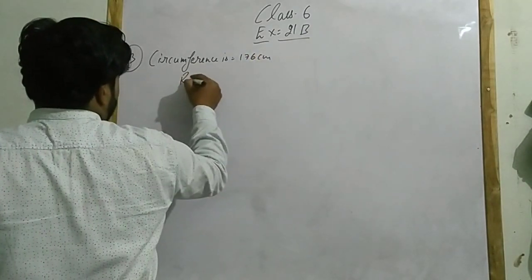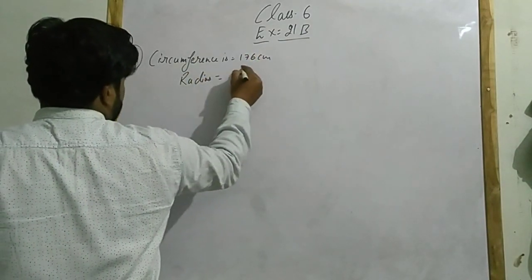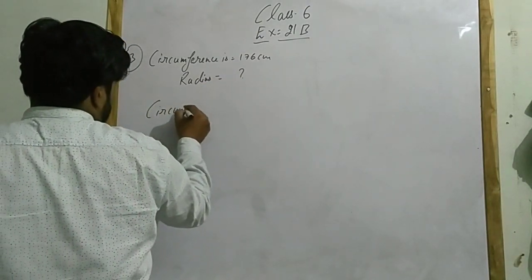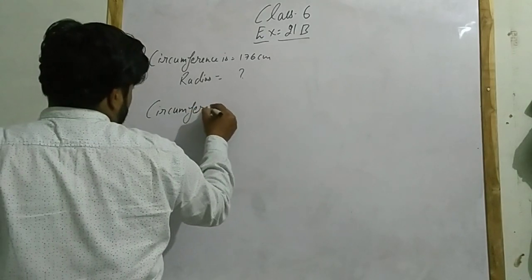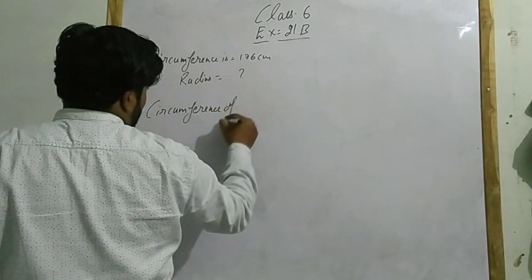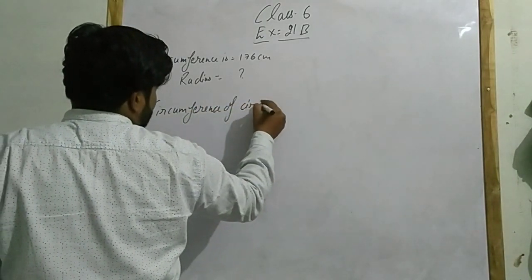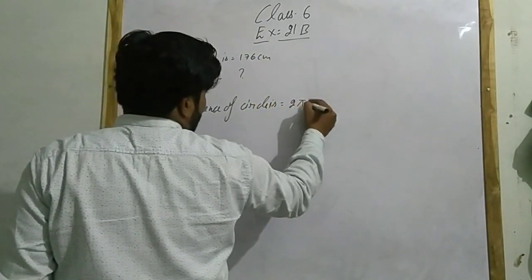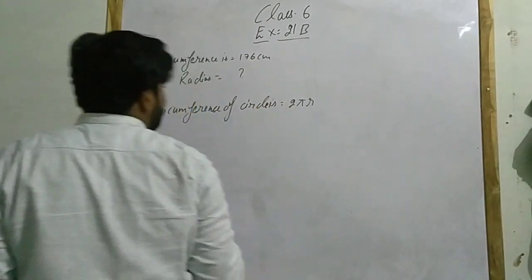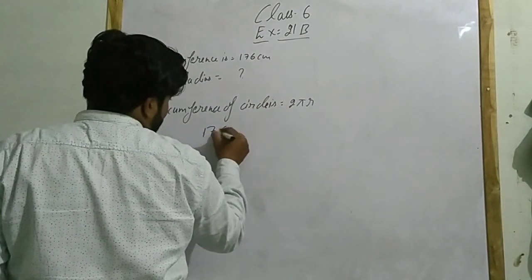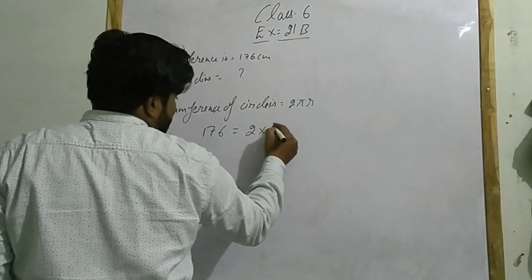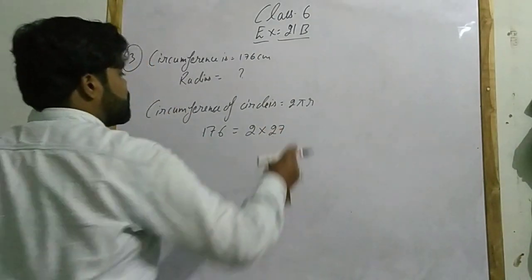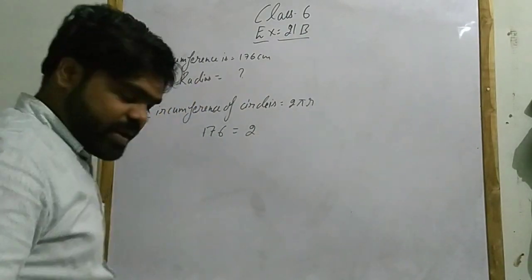We have to find the radius. Circumference of a circle is 2 pi r. Don't write 22 upon 7 here, simply write 2 pi r.